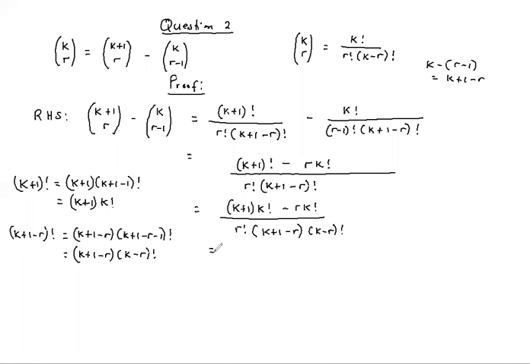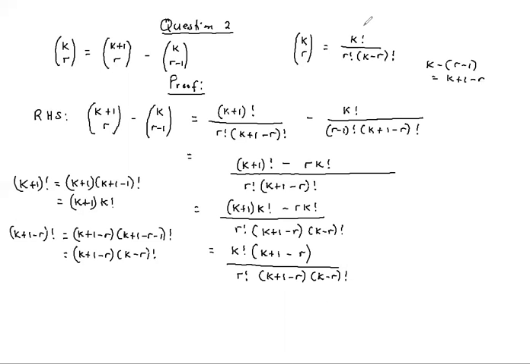Now the numerator has a common thing. The k factorial is common in both parts. So for the first part, we remain with k plus 1. The second part will remain with r. We divide by r factorial, k plus 1 minus r multiplied by k minus r factorial.